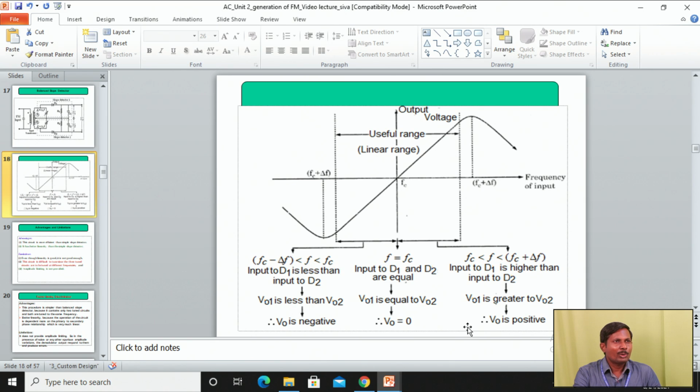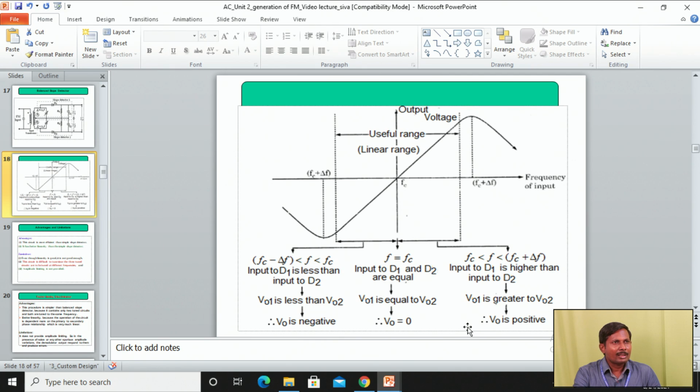The entire output across capacitor 1 and capacitor 2 is in terms of negative voltage. Therefore, the frequency lies between Fc minus del F and Fc. It means that the frequency is lesser than the cutoff frequency.